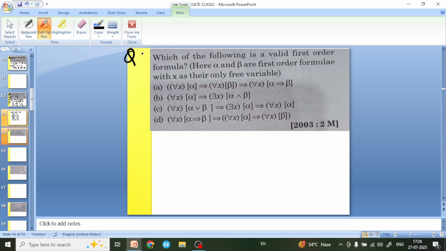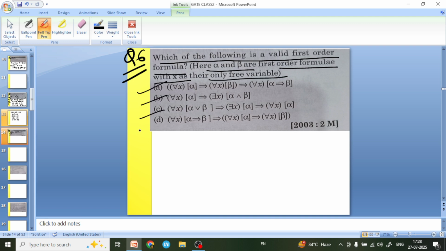question number 6. Which of the following is a valid first order formula? Here alpha and beta are first order formulas with x as their only free variable, and we have been given these options.